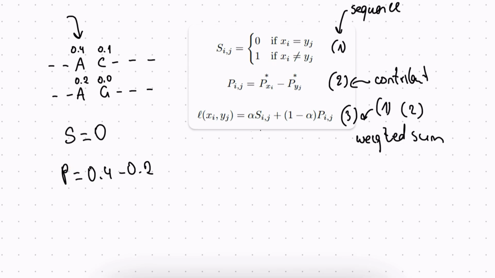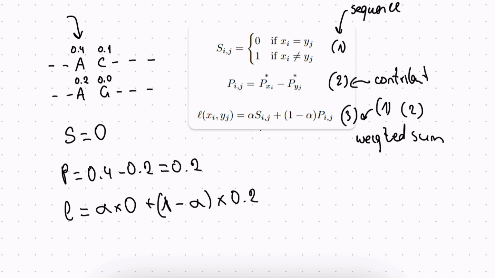So this would be 0.4 minus 0.2, which is 0.2. Then we compute a weighted sum of these two, which would be our loss. This would be alpha times 0 plus 1 minus alpha times 0.2. So this is for the first pair.